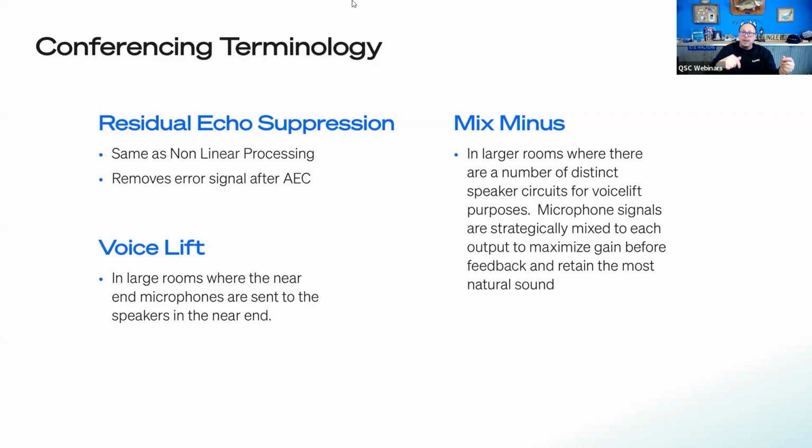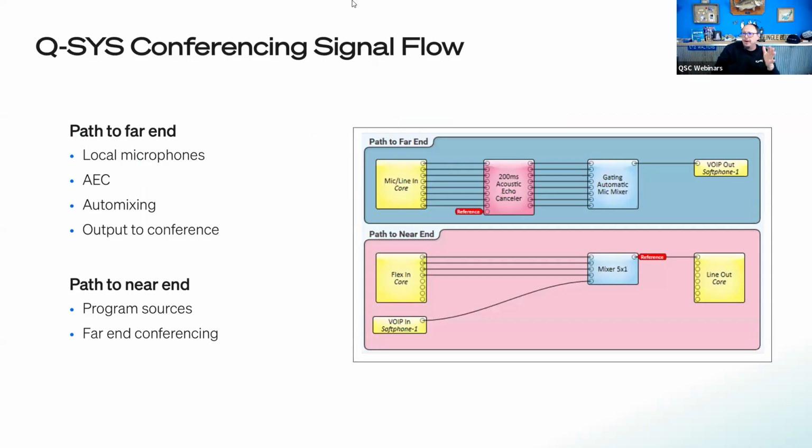Now, that also means each microphone is going to need its own reference built based on the other microphones that are being lifted. So, path to the far end. This is a basic conferencing signal flow. You have local microphones coming in. They go into the acoustic canceller. We go through a gating mic mixer, and then we go out the VoIP out.